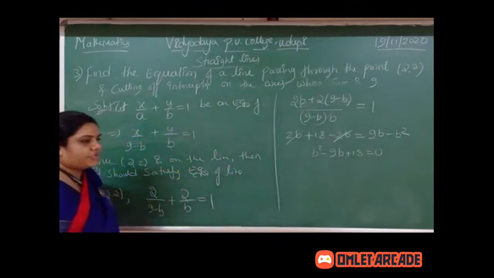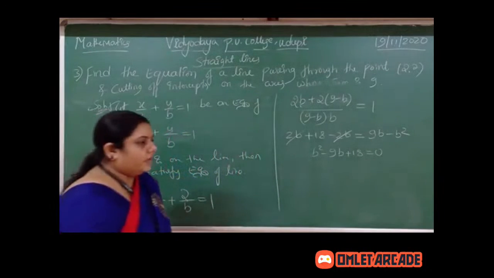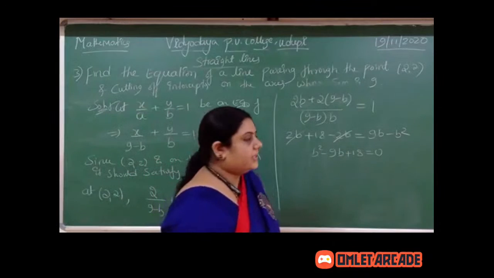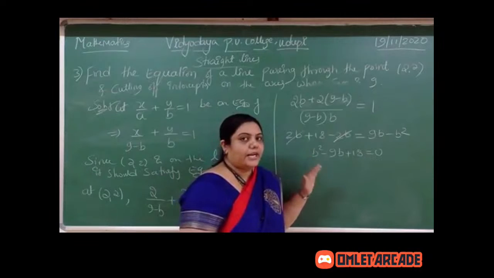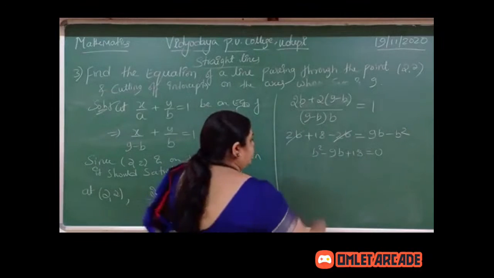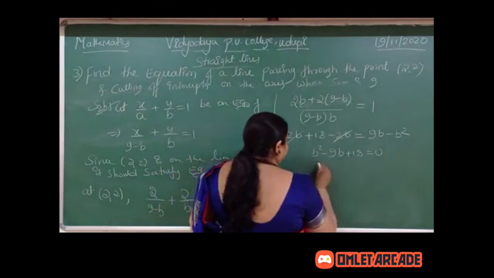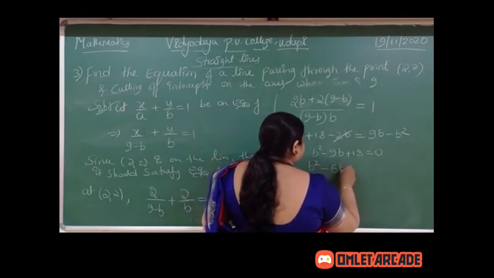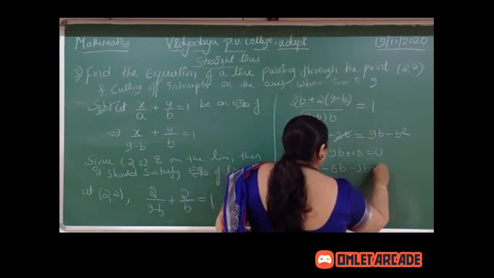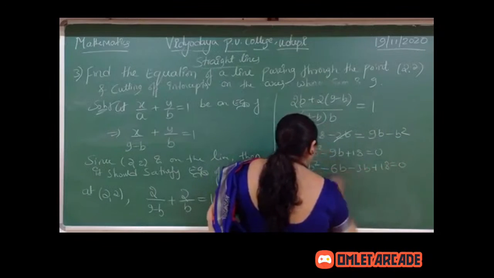So you have a quadratic equation and you know how to solve a quadratic equation, isn't it? Here it is a quadratic equation in terms of the variable b. So try to solve for b. Here you have 9 and this is 18. So b squared minus 6b minus 3b plus 18 is equal to 0.